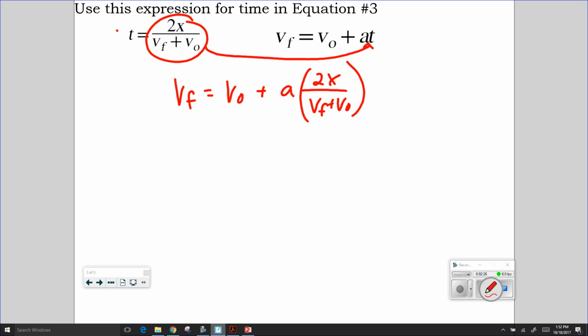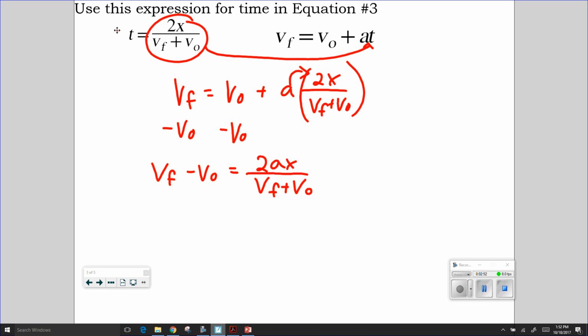So notice this already gets rid of the time variable, and now I'm going to clean up this equation. I'm going to start by subtracting v0 from both sides. So I'll be left with vf minus v0 equals, and I'll shove the a into the numerator of my fraction, 2ax over (vf plus v0).